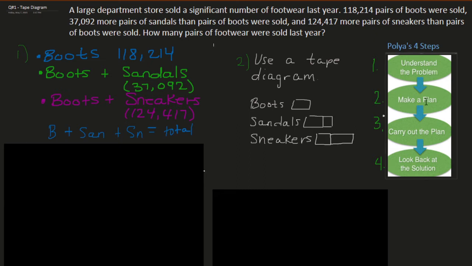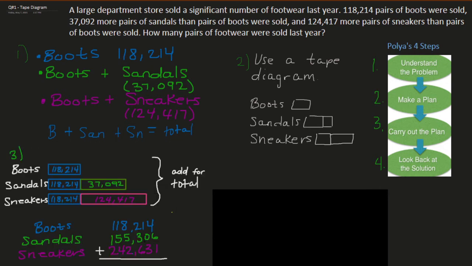The next part, after we make our plan, we're going to carry out our plan. So in step number 3, we added our numbers and our tape diagram together. So now we have a more concise visual of what's going on here. With the boots, we have our 118,000 in our blue blocks. In our sandals, we know it's going to be our boot number plus our 37,000 more.